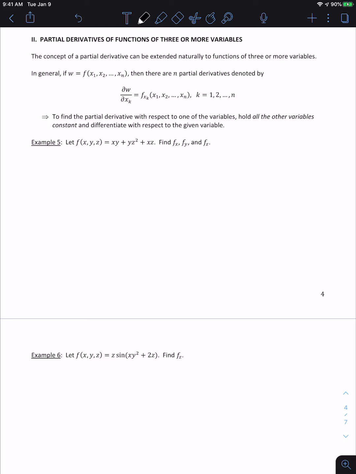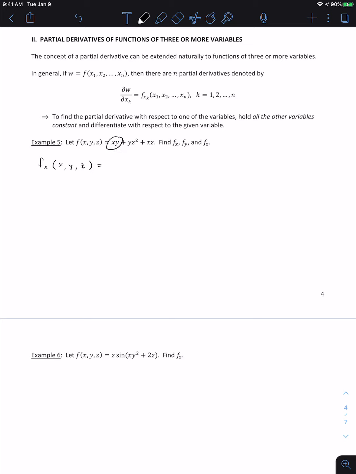So for example, here, in example 5, I have a function of 3 variables. So when I go to find the partial derivative with respect to x, I treat y and z as constants and take the derivative with respect to x. So I'm going to pretend that y and z are both constants.